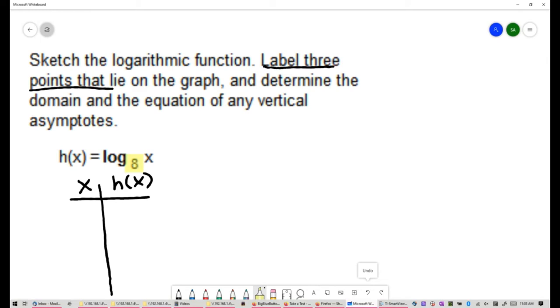So if you want to be strategic about this, you're going to pick the base of 8 to the powers that you would normally choose as x's.